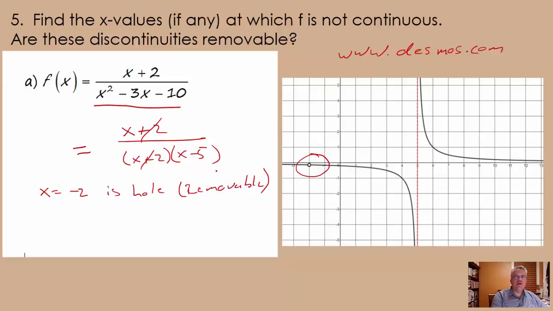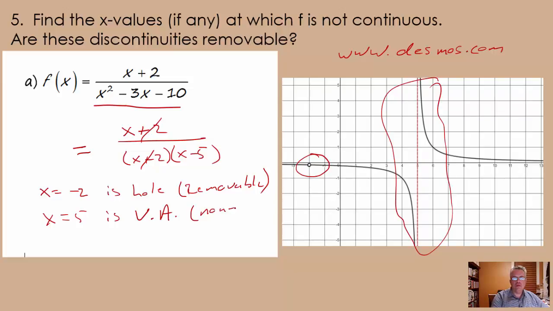All right, now the factor that didn't cancel, the value of x that goes with that, x equals 5, is a vertical asymptote. I'm just going to put VA for vertical asymptote. And we see it right here. All right, and that would be a non-removable. Nothing we can do about that asymptote.